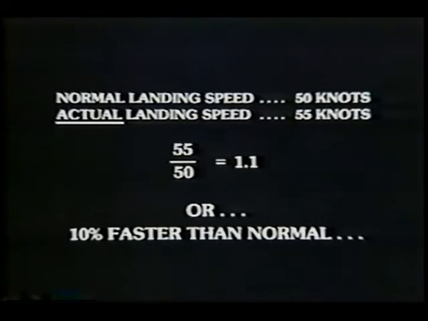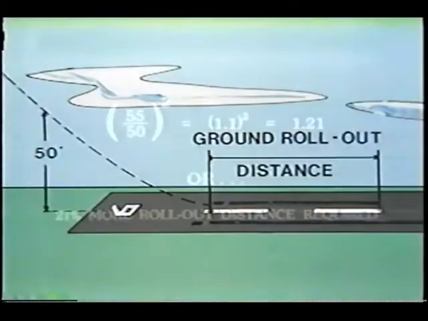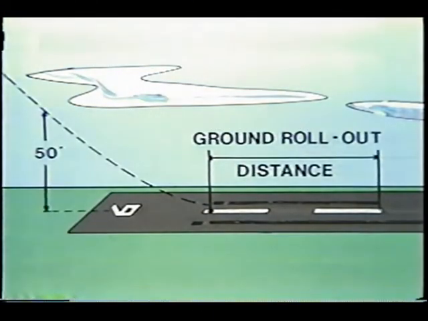So, if an airplane that's supposed to be landed at 50 knots is planted at 55 instead, and we're talking about forcing it on the runway at a 10% higher airspeed, now that 10% increase in airspeed is going to require 21% more distance on rollout, assuming that all other factors are equal. Okay? Remember now, we're talking about ground rollout distance here, not total landing distance over a 50-foot obstacle.